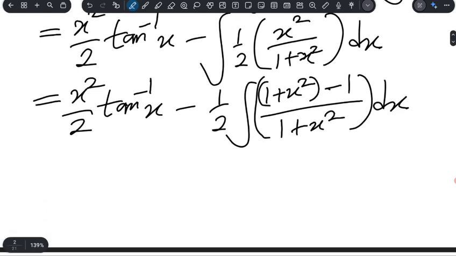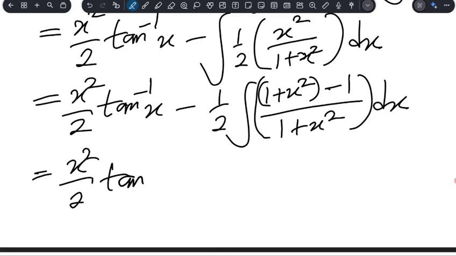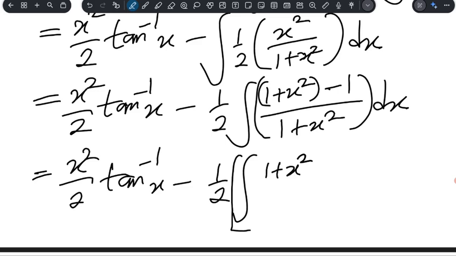So therefore we have x squared over 2 arctan x minus half times the integral of, you open a bracket, 1 plus x squared minus 1, over 1 plus x squared, dx.